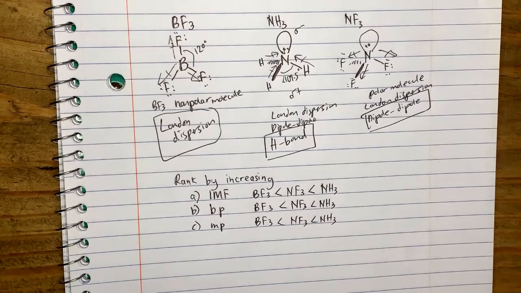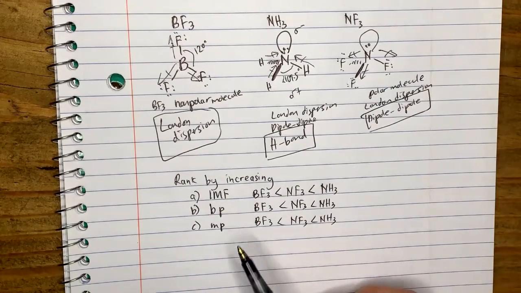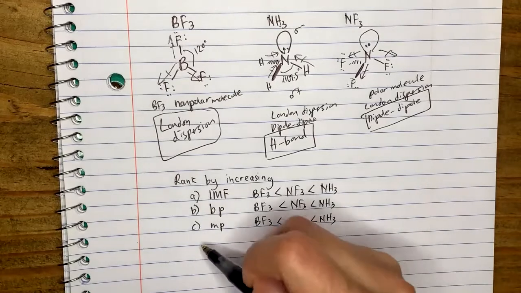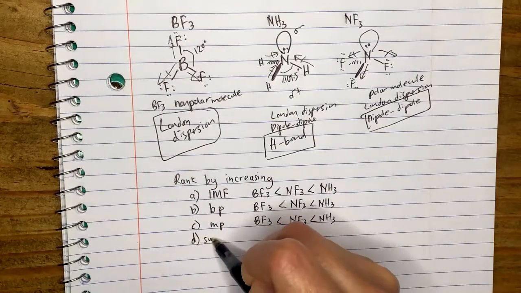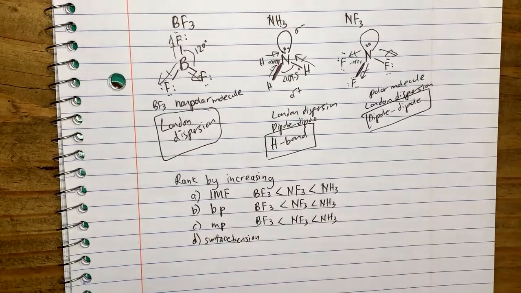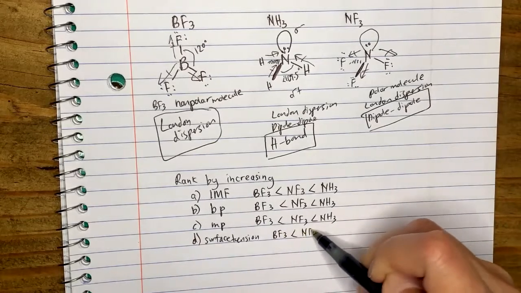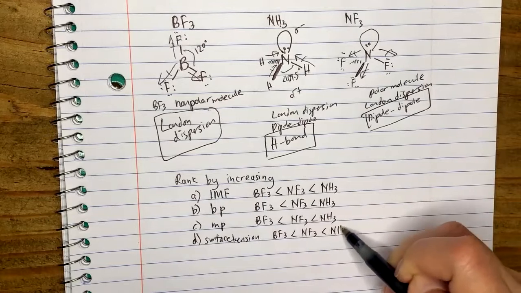I'm just showing you variations of questions. So far we've ranked by 3 things. What if we want to rank by increasing surface tension? Remember, the higher the intermolecular force, the higher the surface tension will be. So same thing: BF3, NF3, and then NH3.